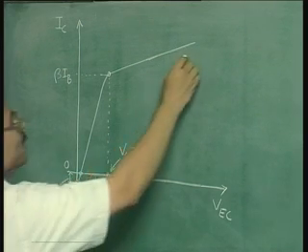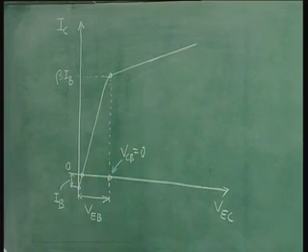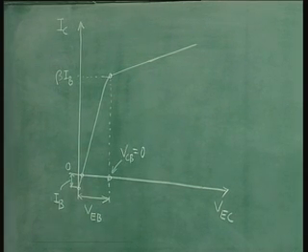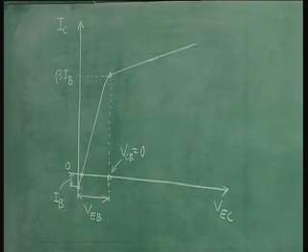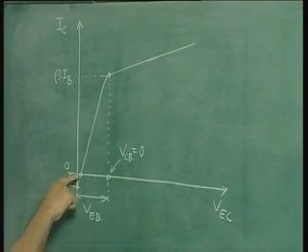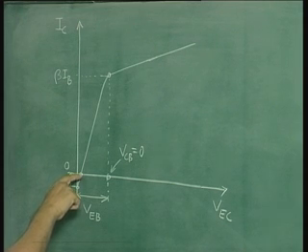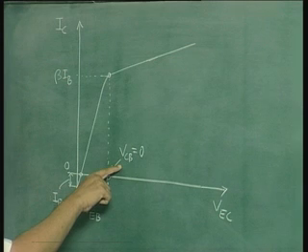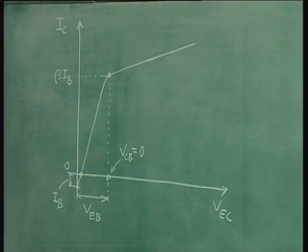For one value of IB, we obtained this curve by plotting the excess carrier distributions for different voltage and current conditions. So, for VEC equal to 0, then for IC equal to 0, and then this point corresponds to VCB equal to 0, collector base voltage equal to 0.